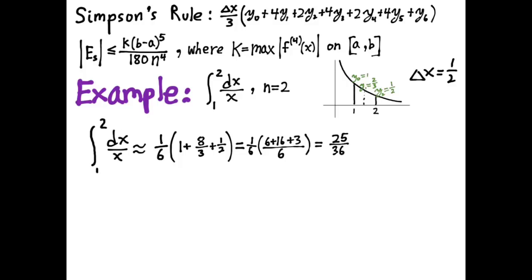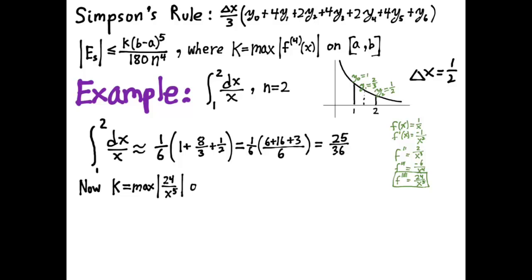Now let's see how much error we expect there to be in this approximation. We'll use this error formula. And first of all, we need to know the value of K. K is defined as the maximum magnitude of the fourth derivative of the function. The integrand here is 1 over x, so that's our function, and when we calculate the fourth derivative, we find out it's 24 over x to the fifth.